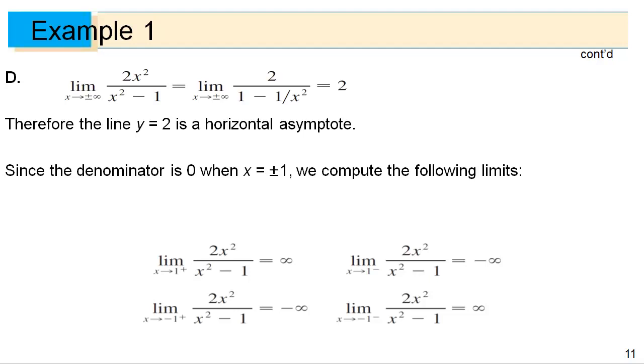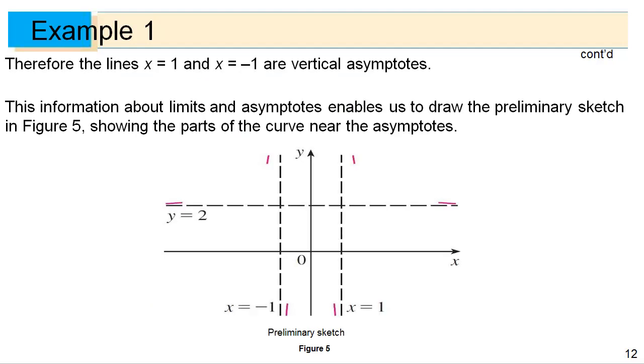Now that we've gotten to that point, we've gone this far, it's a good idea to give a rough sketch of what we found so far. So you plot your asymptotes, your vertical and your horizontal asymptotes, and then you just make little tick marks to tell you what's going on.